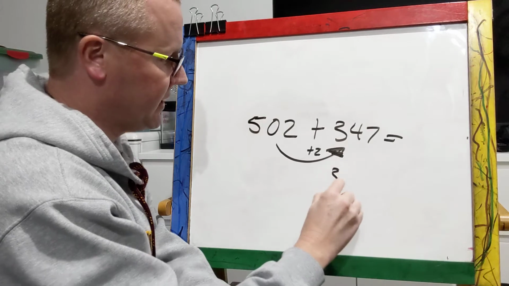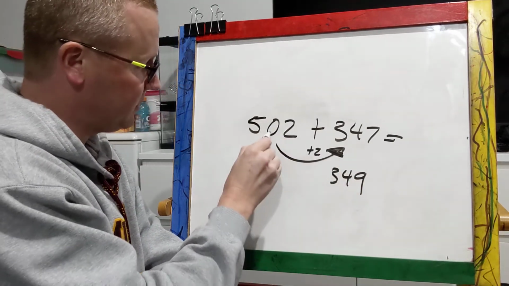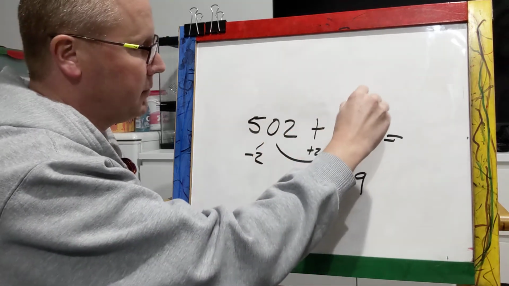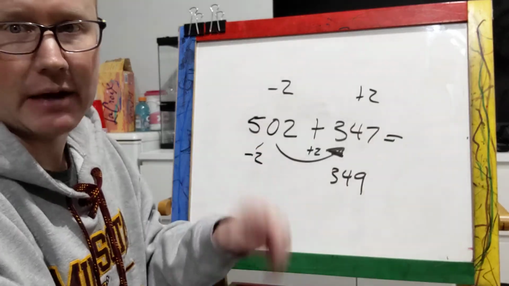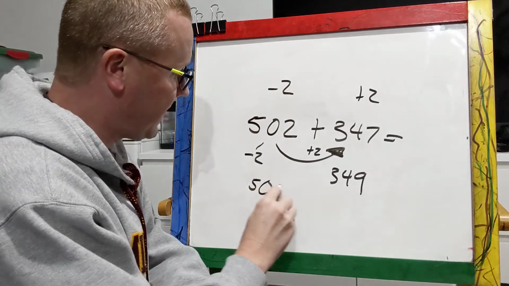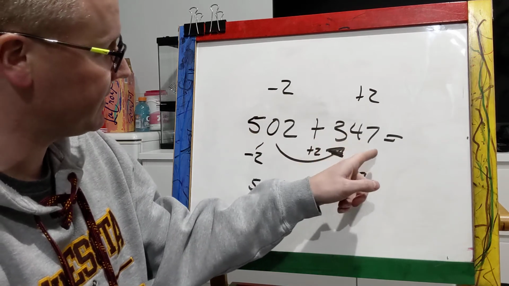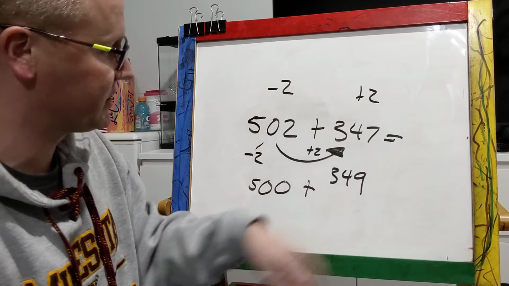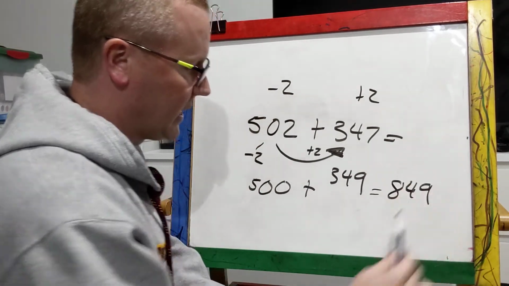So this would turn into 349. Now this one, I gave a plus 2 from the number, so I have to take away 2 on this side. This side got a plus 2. This side gets a minus 2. It has to balance and always be equal. So when I take away 2 from 502, I get 500. 502 plus 347, doable, but it's much easier to go 500 plus 349, and that equals 849.